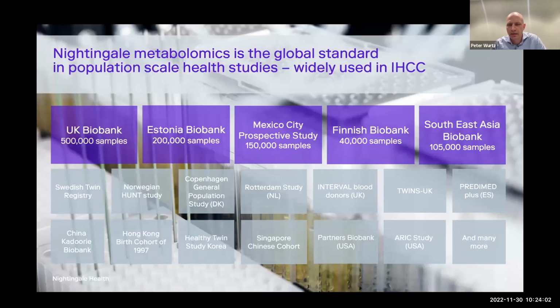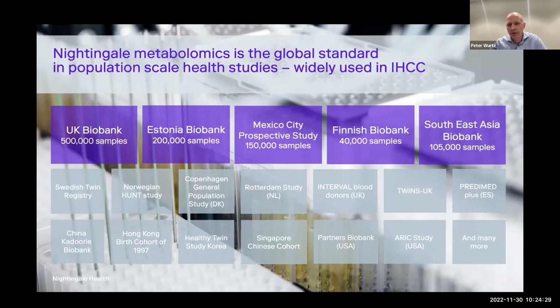This combination of fast, affordable profiling and a broad metabolic profile has made the Nightingale platform quite popular in many of the largest biobanks in the world. We are profiling all the samples from UK Biobank and working with many other cohorts in the IHCC consortium, and are really excited to scale this out to many broad, diverse ancestries.